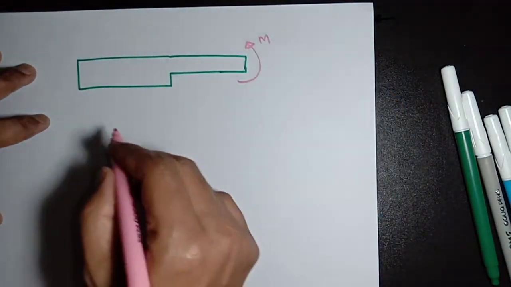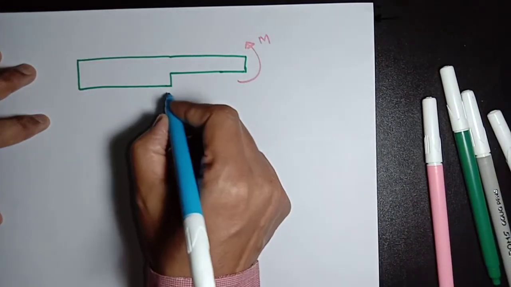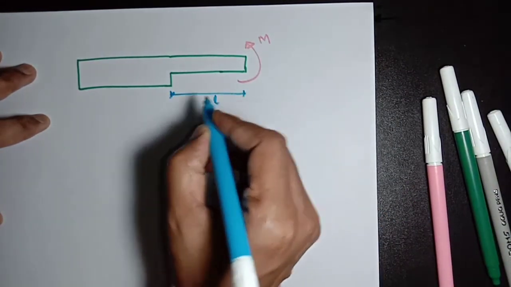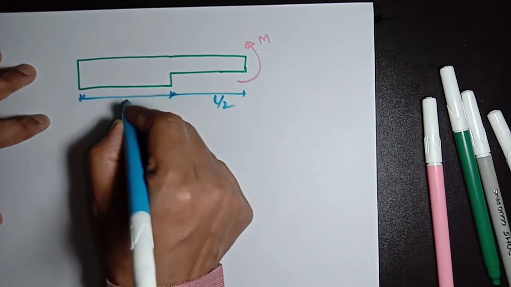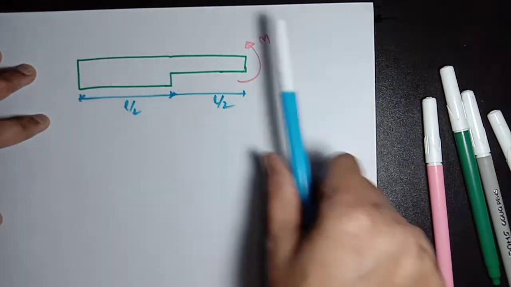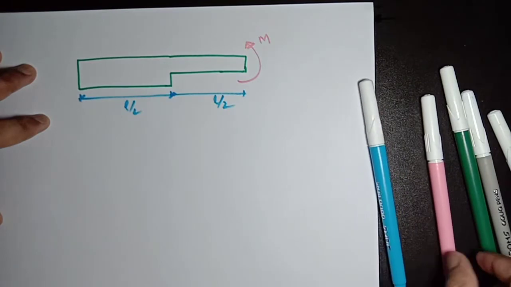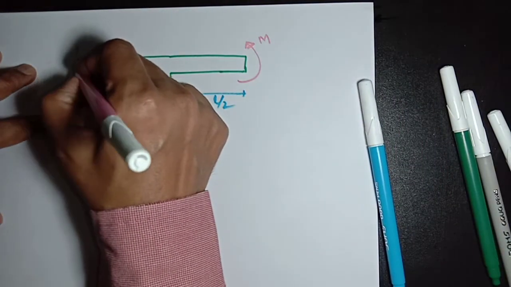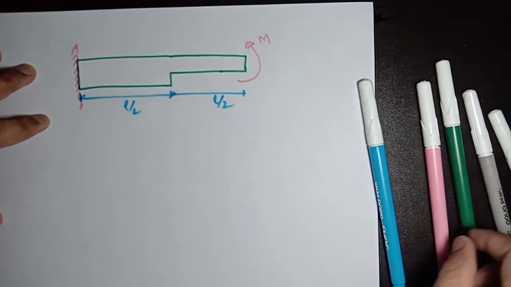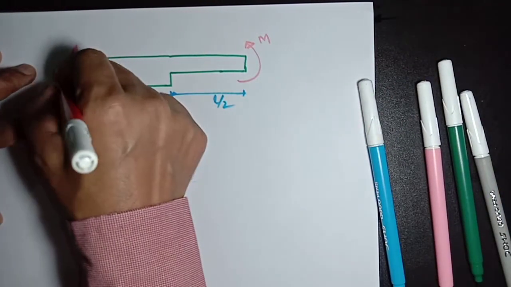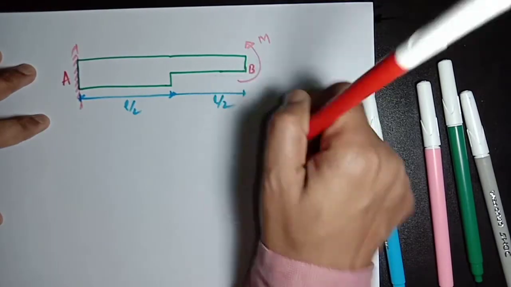Value is M and this length is L by 2, and this length is L by 2. Total length is L, and here it is fixed, and this point is designated with A and this is B.